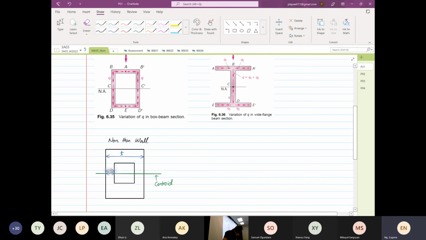Let me just draw by hand. This is the thickness. Let's say you want to find the centroid. You use these two thicknesses over here, T1, and this is also your T1. Okay, that is for non-thin wall.